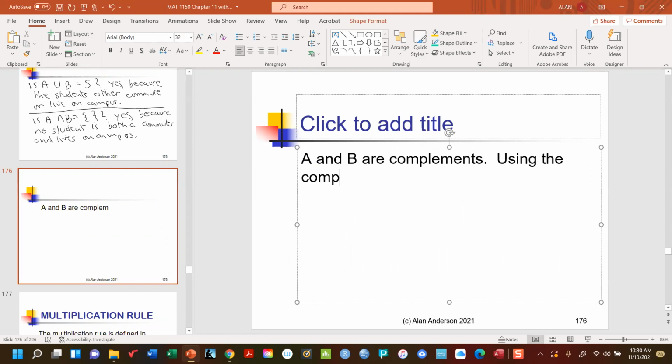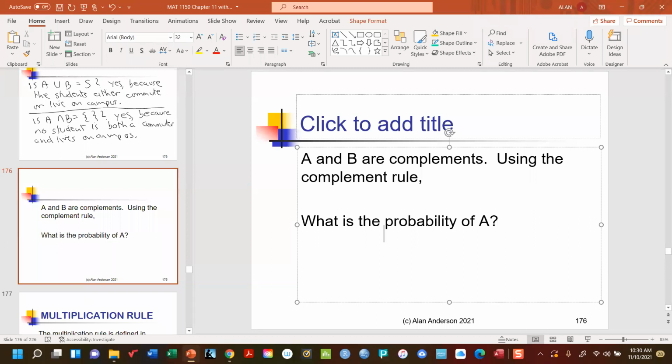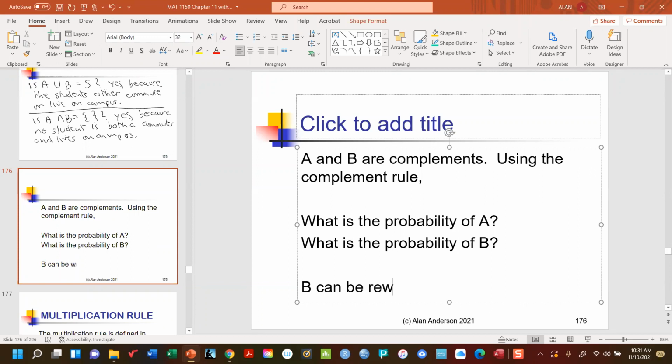Using the complement rule, what is the probability of A and what is the probability of B? Keep in mind that B can be rewritten as a complement because we know that they're complements. We just got through proving it.